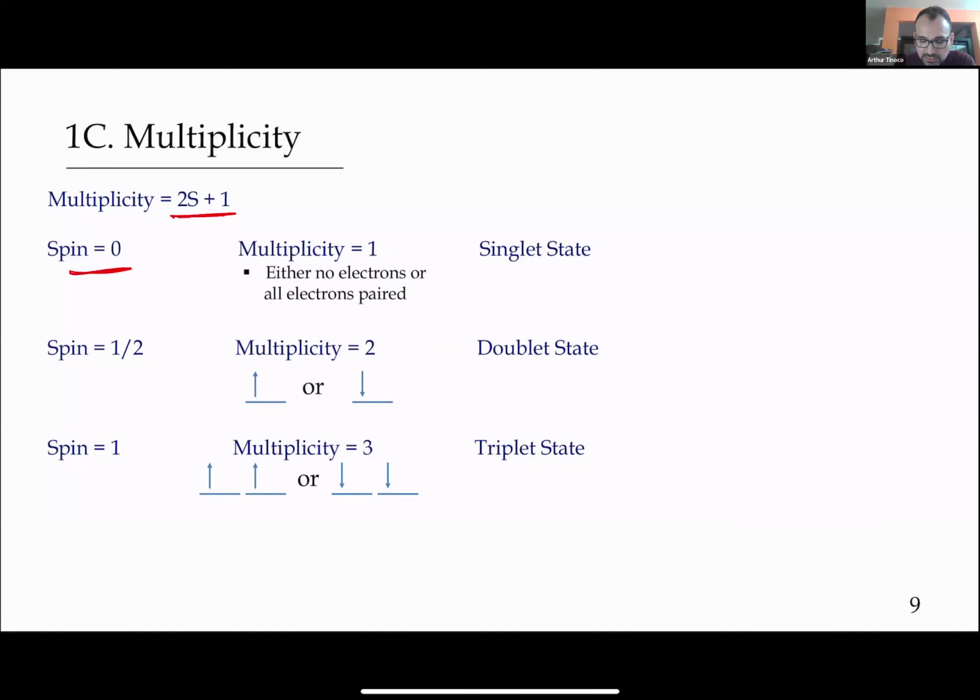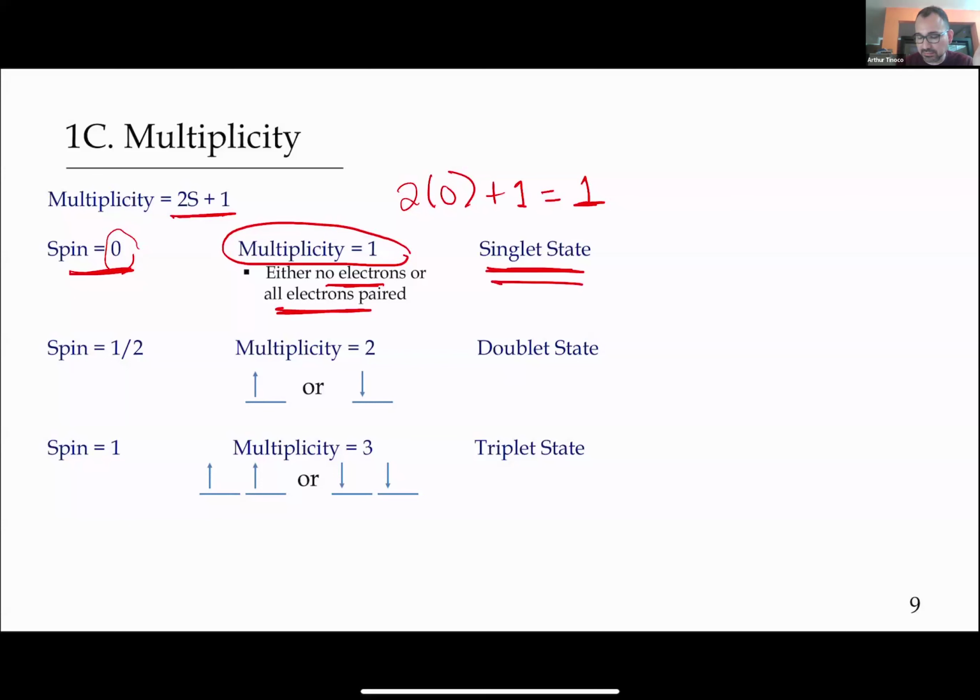If you have a spin of 0 and you plug this value into the equation 2S plus 1, that gives you a value of 1, so a multiplicity of 1. What does that mean if you have a spin of 0? It means you have a system that either has no electrons or all of the electrons are paired. When you have a multiplicity of 1, your particular system is a singlet state.